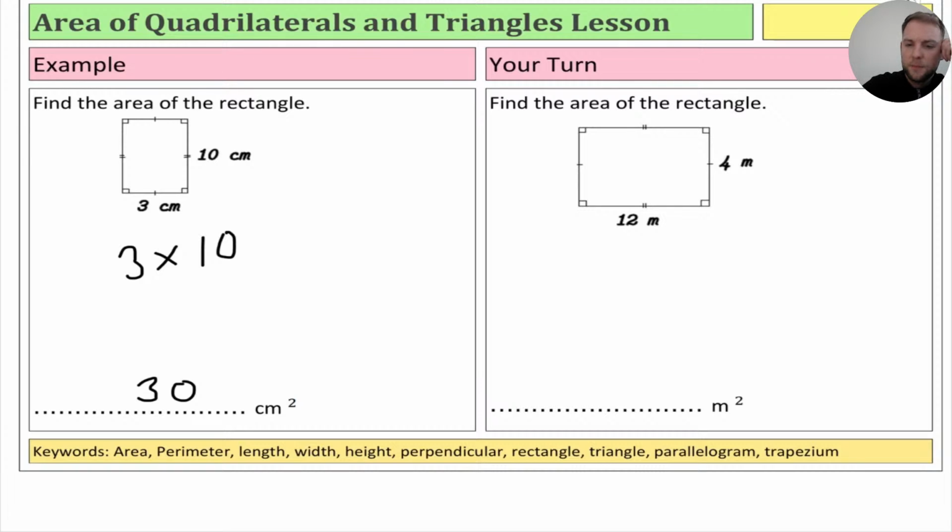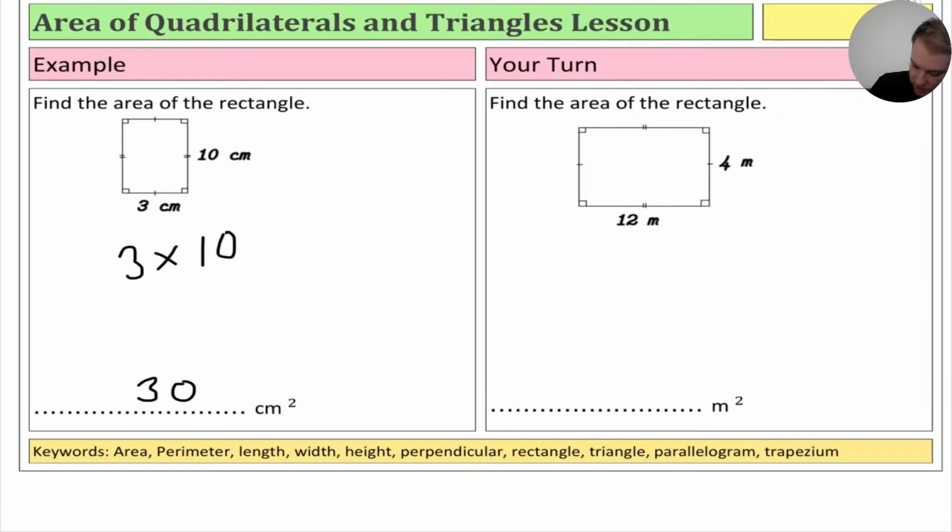I'll give you a little second. So, somebody want to tell me how to do that one on the right? Go on, Ben's already done it.